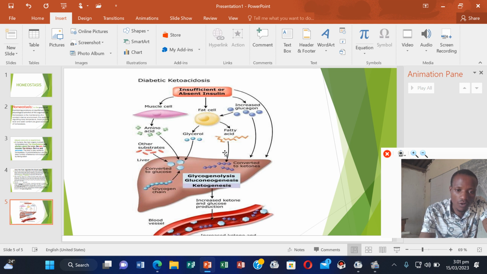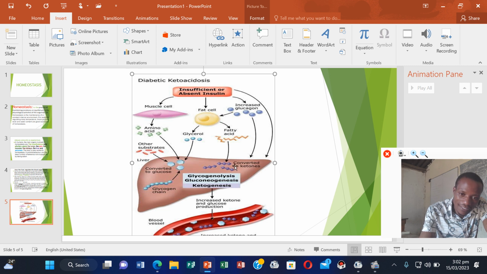So what is happening here is, when the glucagon hormone has been sent to the liver, you can see it's being sent to the liver, it will start the conversion of the ketones. Ketones, these are sugars we're talking about. It will start converting the glycogen back to glucose, so here there is increased ketone and glucose production.